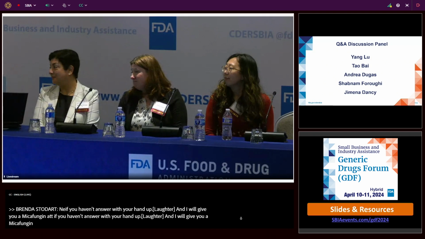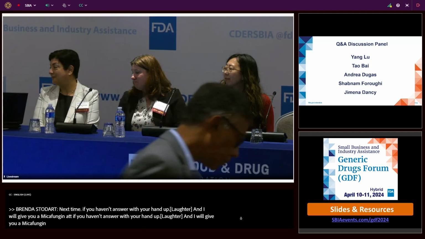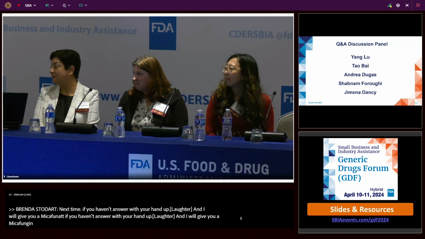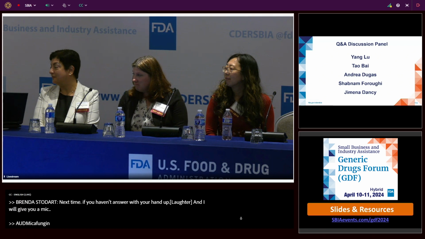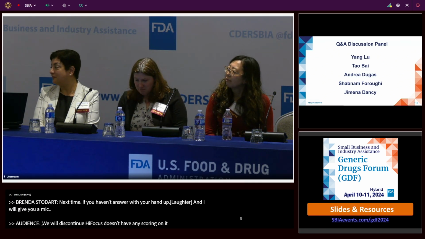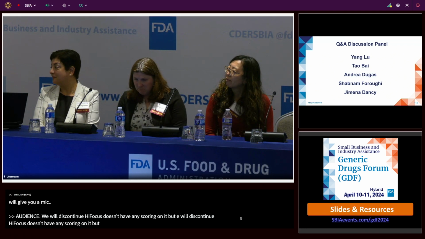So this is for the tablet dosage form where the RLD has been discontinued and it does not have any scoring. Can a generic have a scoring on the generic tablet? What could be the bio perspective, or how does FDA take this change?